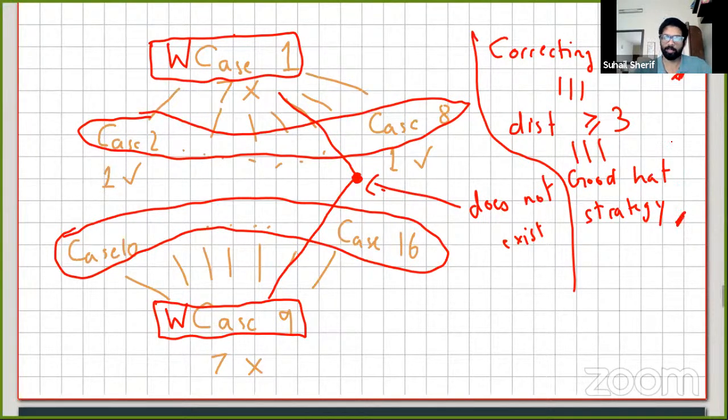This means that there's probably an alternate universe where people didn't think about correcting errors, but they were thinking about hat strategies. And if they had found a good hat strategy, then when people started to think about correcting errors, they would have said, oh, I know a hat strategy, I'm going to use it to find a code. It's a weird world, but it's possible because distance is the center of it all.